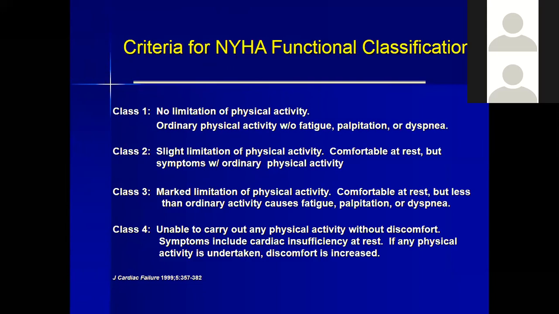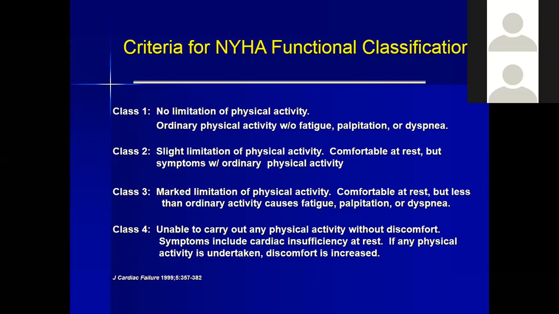We have four classes. When you ask the patient about symptoms, if the patient says there is no limitation of physical activity, in ordinary physical activity, if I'm working daily I don't have any symptom, that means it's class 1. Class 2 is a slight limitation of physical activity. Class 3 is a marked limitation of physical activity. If I'm on the second floor, I'm getting short of breath.